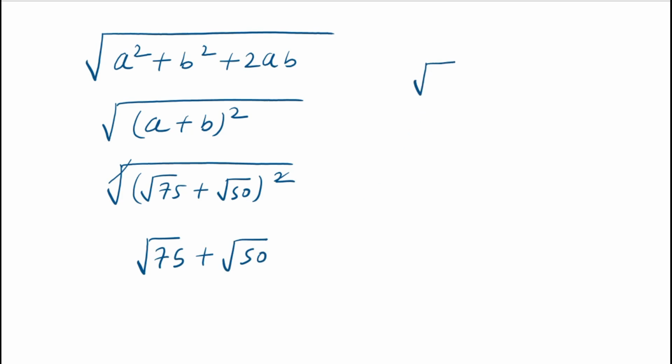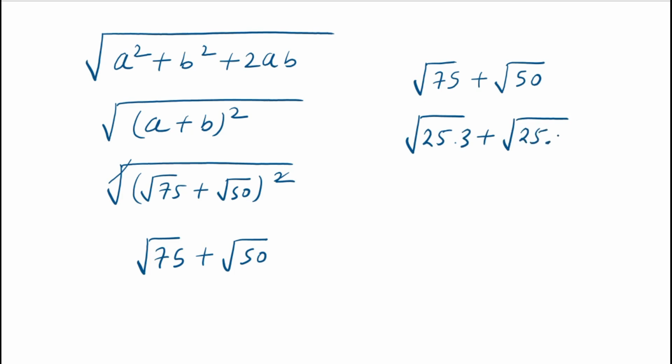Now square root of 75 plus square root of 50, and square root of 75 is the same as 25 into 3, plus square root of 50 is the same as 25 into 2.